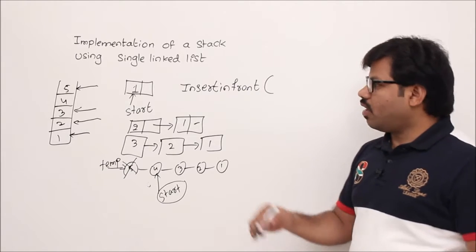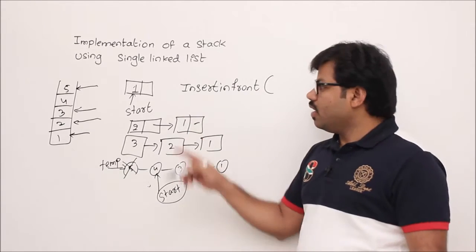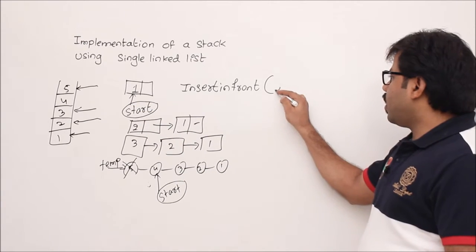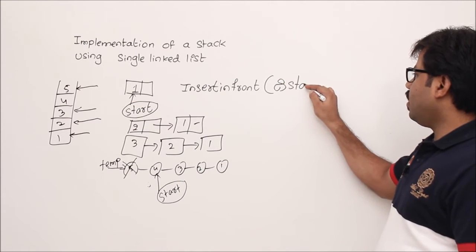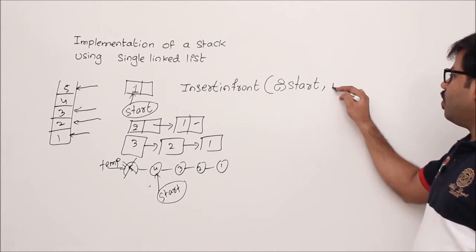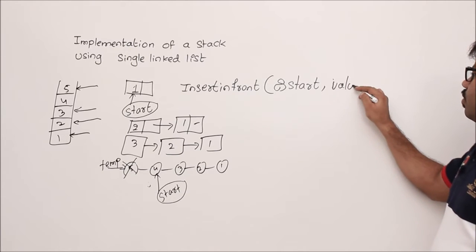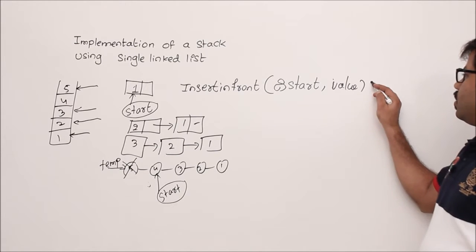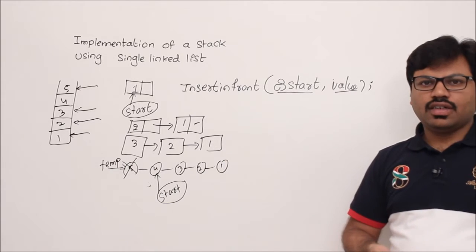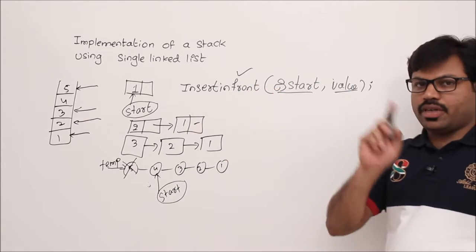Insert in front is also going to modify your start. That's why sending the address of start is compulsory. And what is the other thing you should send? Value, right? So simply value. Whenever you do insert in front with start and value, data will be inserted, right? Already I implemented it, remember it.